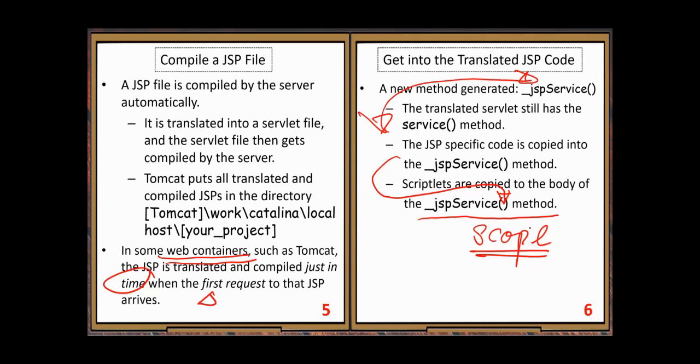So that's why we need to understand scope well. Here, when you copy into this method, then the scope is the method scope. So that's important. Later we will see the code. If it's outside this method, we call it class scope. Class scope and method scope.